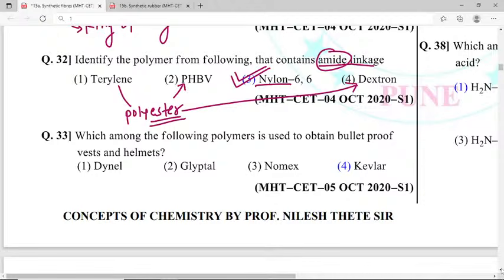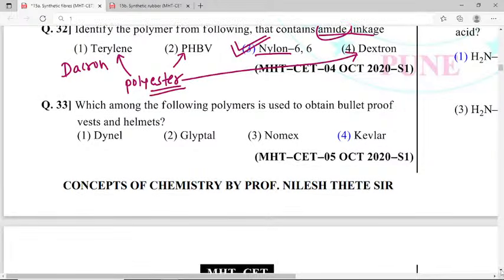Terylene is also called Dacron. Next PHBV, polyhydroxybutyrate covalerate. Next, dextron.